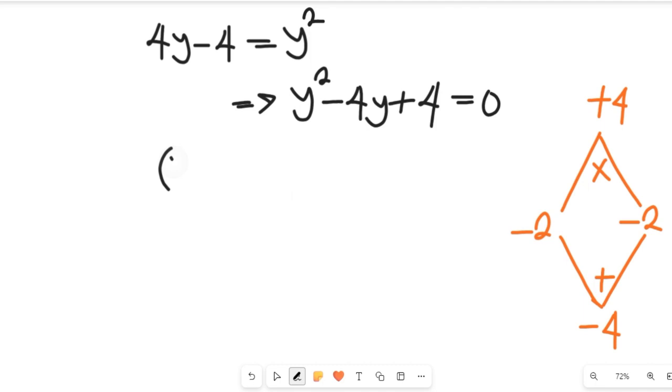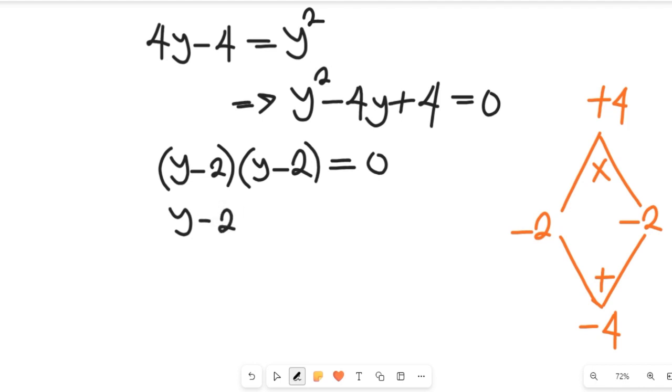So we'll have this become y minus 2, right? And multiply by y minus 2, and this will be equal to 0. So our y minus 2 will be equal to 0, and also our y minus 2 will be equal to 0.